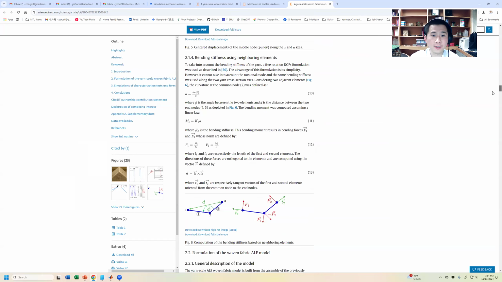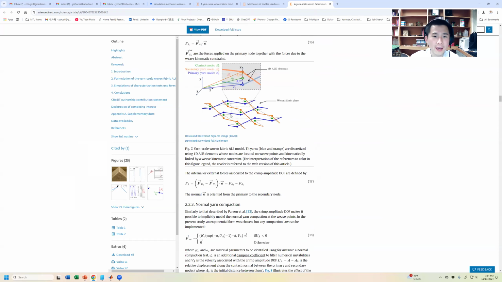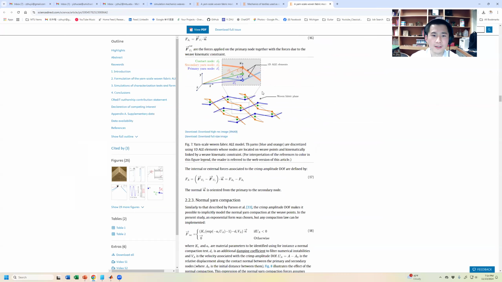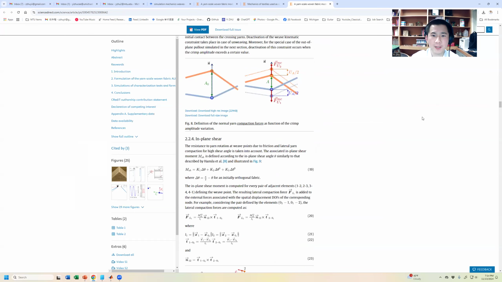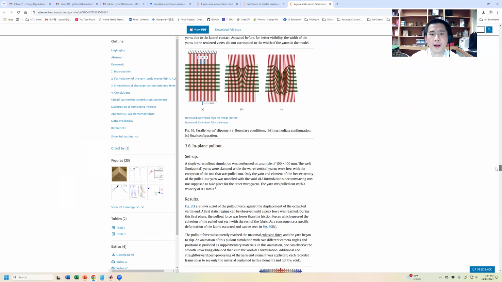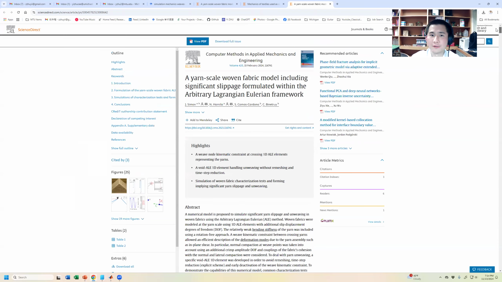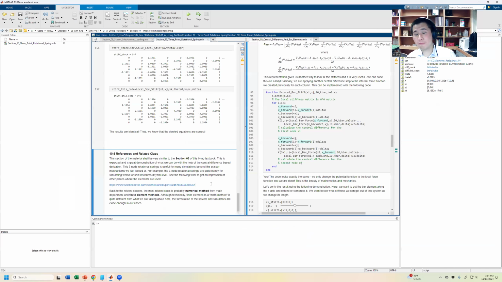So they have this pretty cool model that has this three-node rotational spring, and they put together these to capture the woven fabric system, and they use that to simulate a lot of pretty cool behaviors regarding the weave system. So this is actually a pretty recent paper, and that's quite cool, honestly. So that just gives you one idea of where you can apply this type of thing.